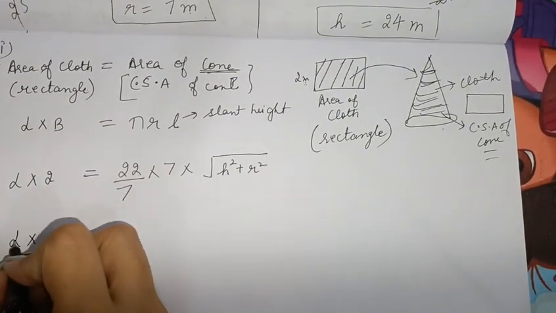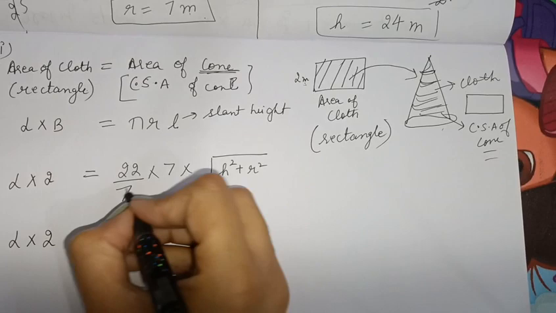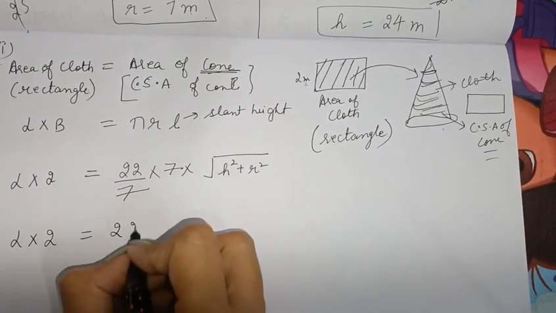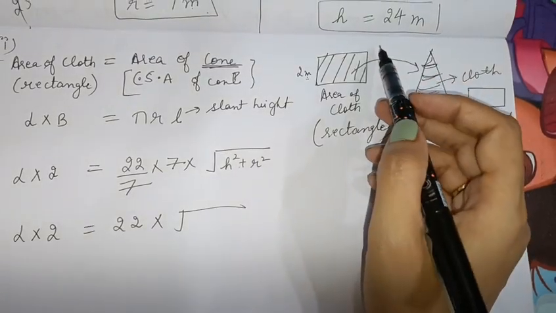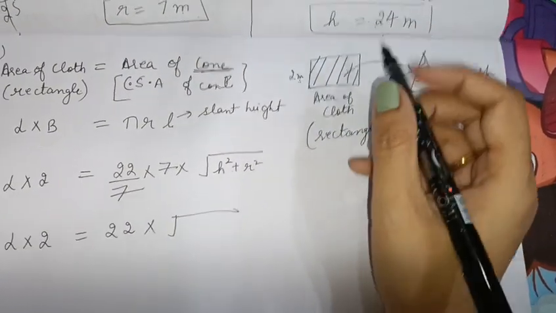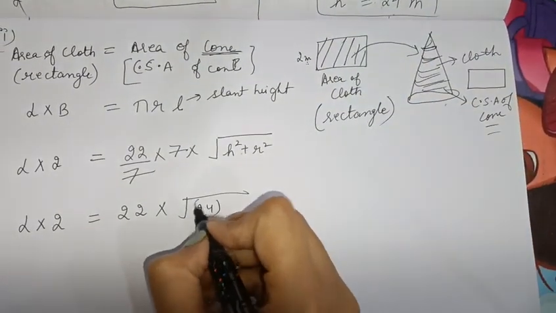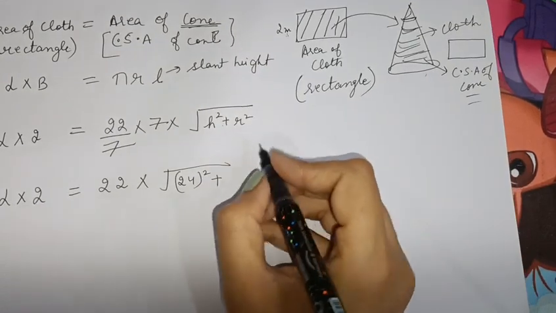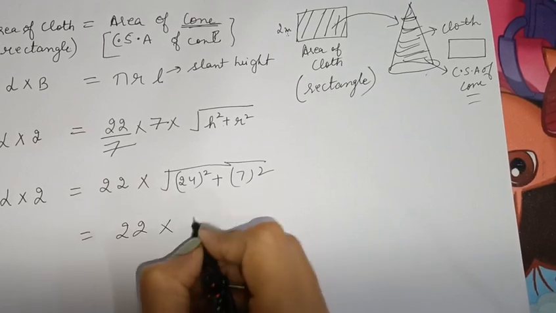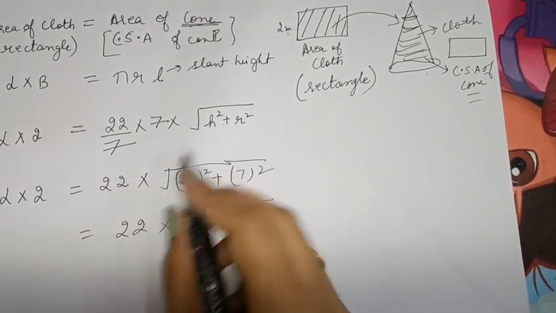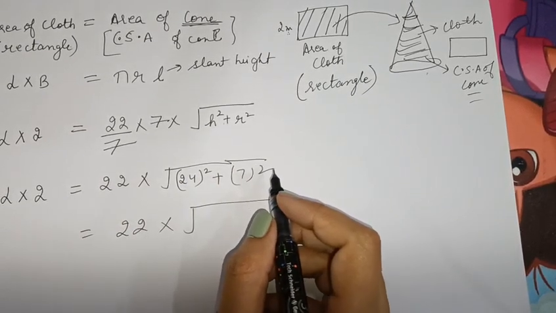So L is length into 2. The 7 and 7 will get cancelled. So 22 into the square root of height squared plus radius squared. Height we found in the previous part. Height of the cone is 24. So here I am writing 24 square plus radius 7 square. With the same numbers, calculations like this we did earlier also.